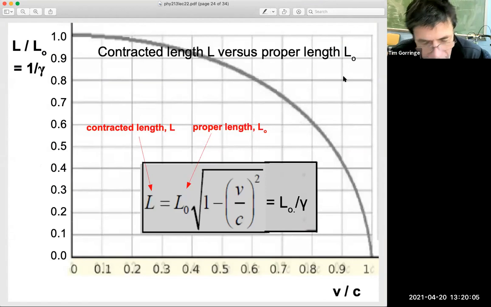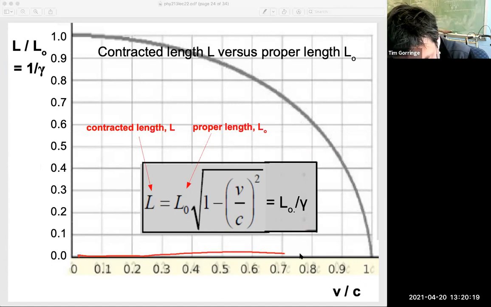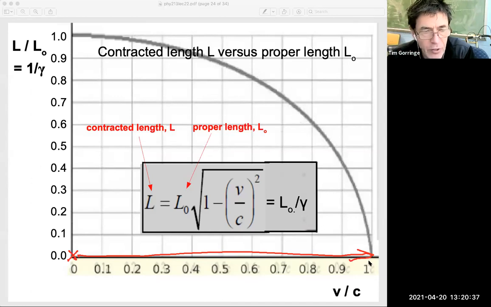Here's a graph of that length contraction. So horizontally, this axis here is the relative motion of the train and platform reference frames from 0, where the train is at rest in the platform, to 1, where the train is traveling at the speed of light.